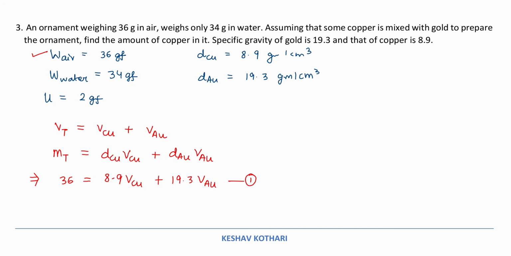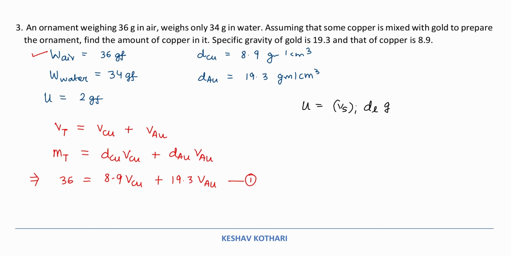Now the next thing that we are doing is we are writing the expression for upthrust. Upthrust is written as the volume of solid immersed, so in this case it is going to be the total volume, times density of liquid into g. Now since the value is given to us in gram force, there is no need of multiplying it with g.